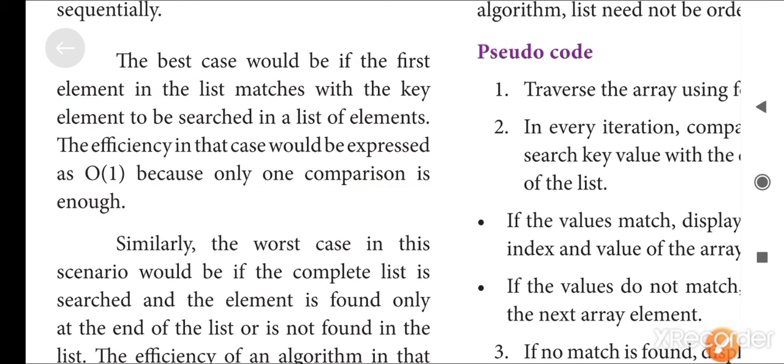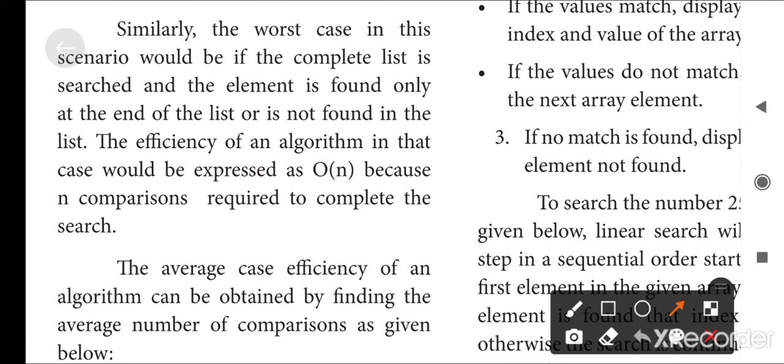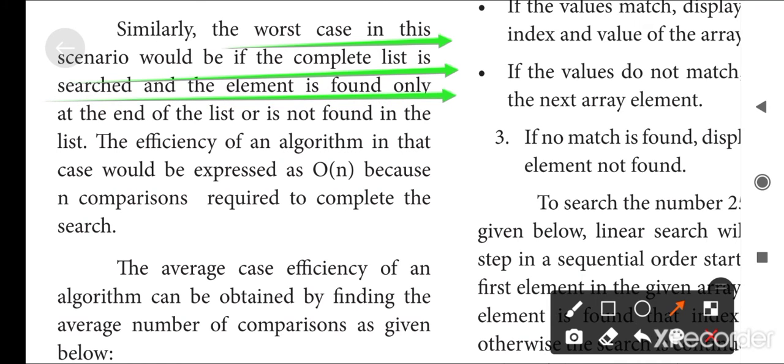Can you understand? The second one is the worst case. The worst case in this scenario would be if the complete list is searched and the element is found only at the end of the list, or is not found in the list.